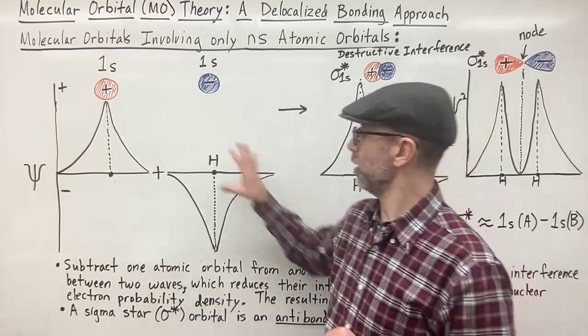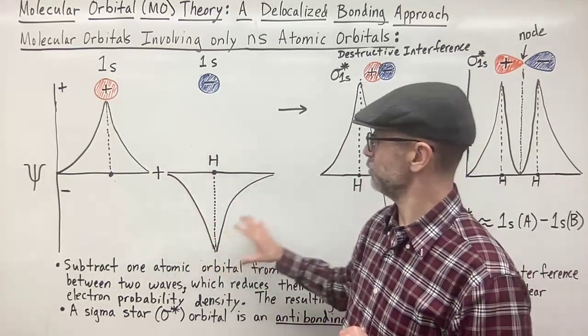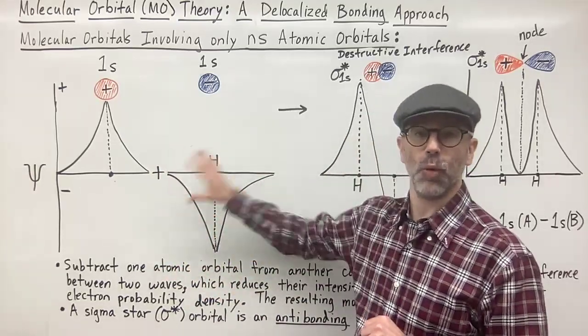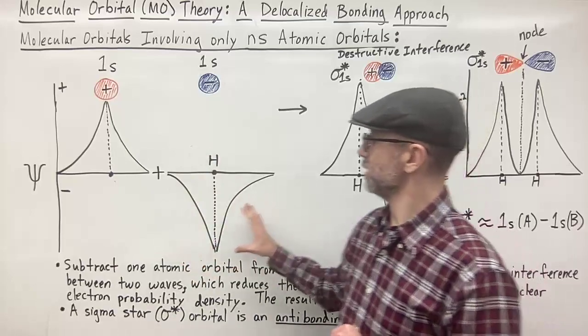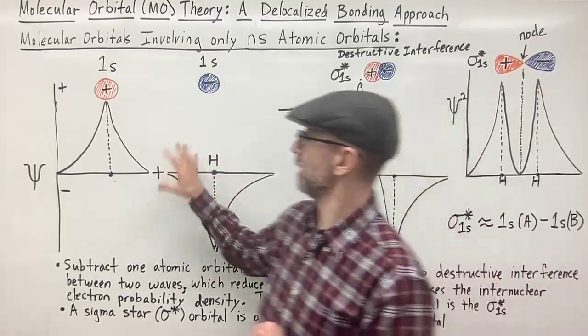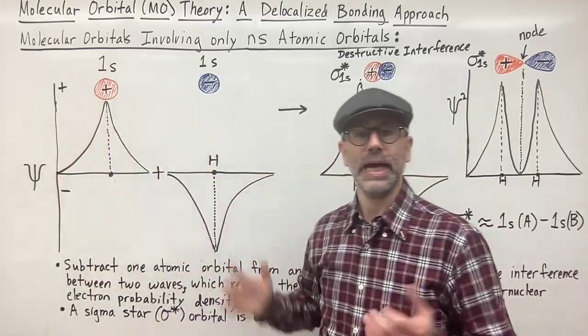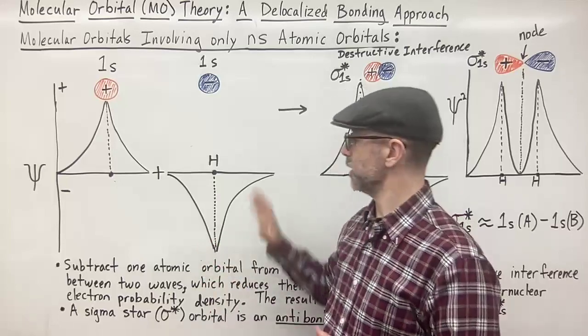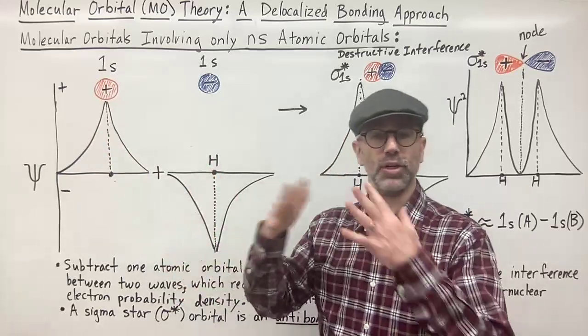But what if one of them is negative? So you have a negative wave function combining with a positive wave function, and that's going to be destructive because negative meeting with positive is going to destroy.